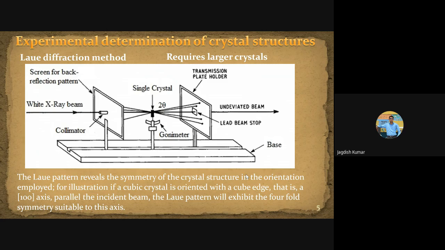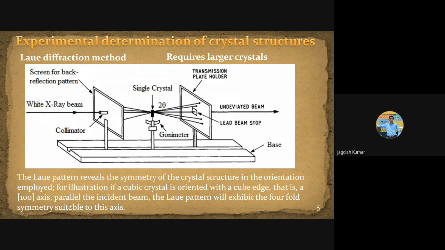If you go back to that analysis of reciprocal space, we had done something called Ewald construction, right? Ewald construction means each point in the reciprocal space which is lying on the Ewald sphere refers to a particular diffraction peak, right? So indeed, each point of the reciprocal space has information related to the X-ray diffraction peak.